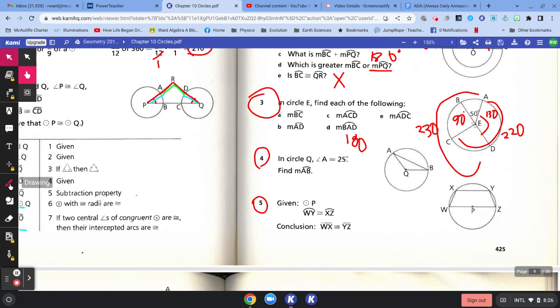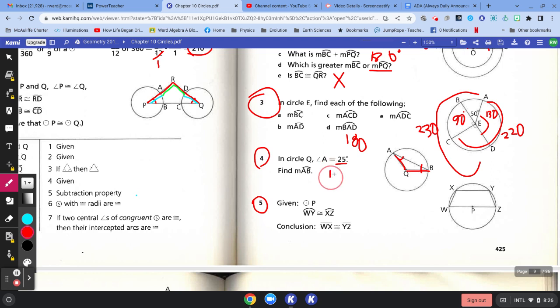All right, so let's see what we know. We know that AQ and BQ are radii, so they're the same, which means that angle A and angle B are both the same. So they're both 25 degrees. So 25 plus 25 is 50. The measure of angle AQB is going to be what's left of a triangle, which will be 180 minus 50.